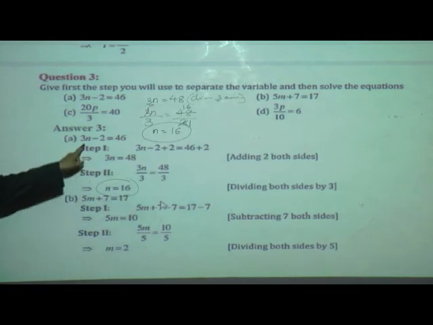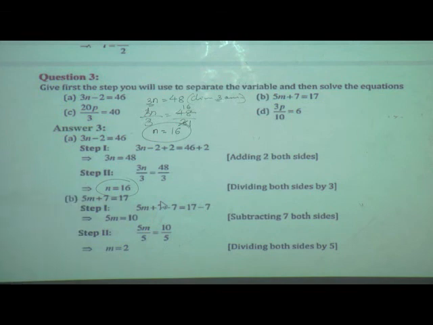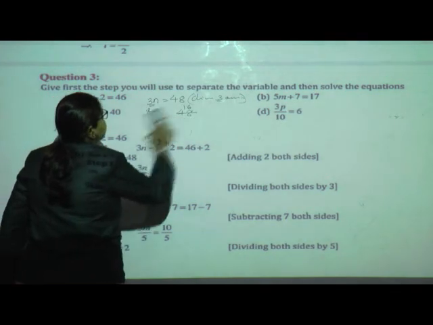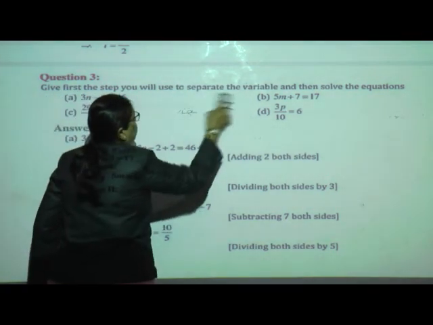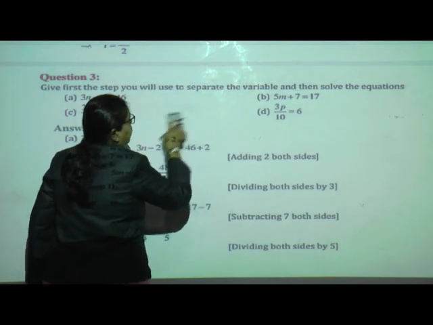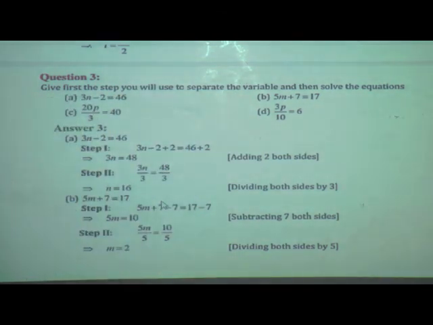So in this way you can take any one of the methods and try to solve it. The answer will be the same. If you want to find the value of n, you can find it by adding or by dividing on both sides.